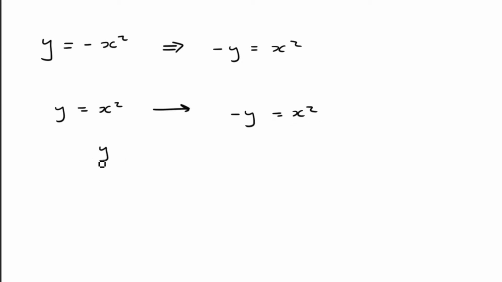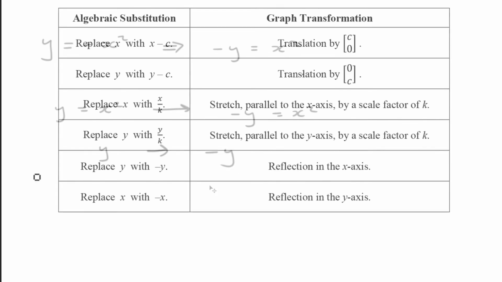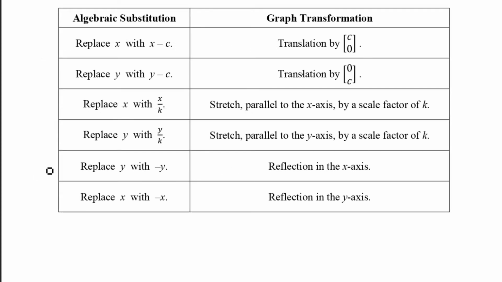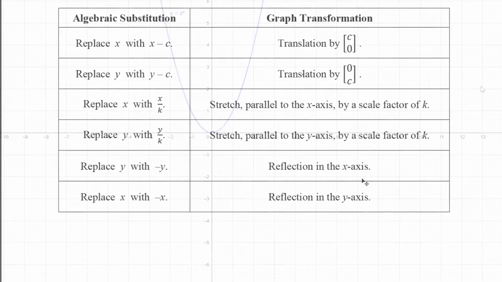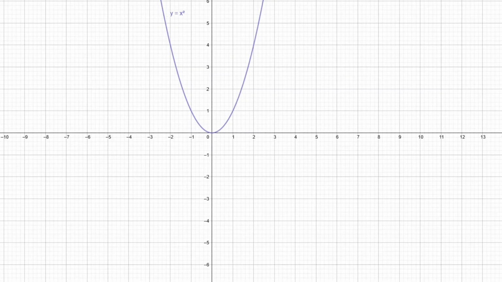What we have done is replaced our y by a negative y. And one of our other transformation rules says that if you replace y with negative y, you have a reflection in the x-axis. So starting with a graph of y is x squared, a graph of y equals negative x squared will look exactly the same, but reflected in the x-axis, so going down rather than up.